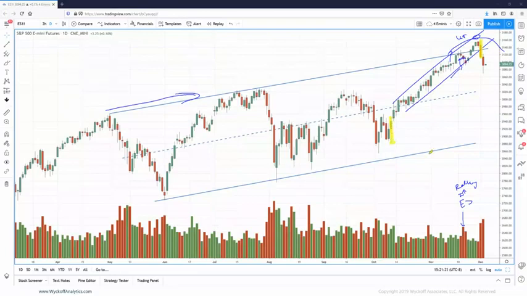This is the largest reaction. Yesterday on Twitter, as it was unfolding, I said that this change of character is going to bring a continuation. Not only did we break the trend line here, but we're also coming in on increasing supply, producing a bar that is so different than anything we've seen before.